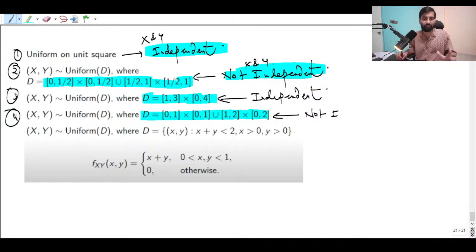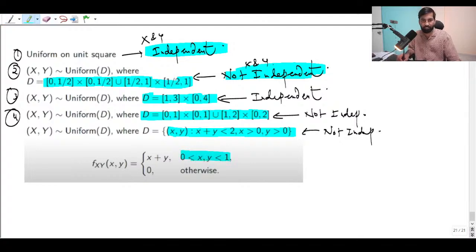X and y are independent. इसमें देखो not independent, because it depends on x and y value. इसमें क्या है? If you look at the region of support, clearly it is saying that it is uniform. Region of support is uniform, right? But the density function is not uniform, so this is not independent.